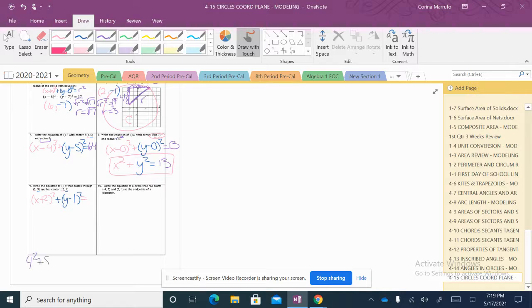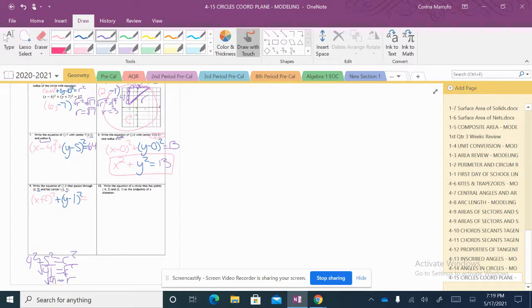So 4 squared plus 5 squared equals c squared. 16 plus 25 gives me 41. So 41 equals c squared. I take the square root, and that means my radius is equal to the square root of 41.